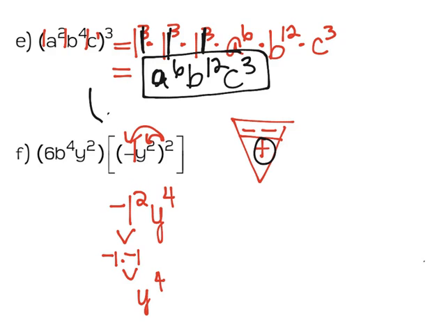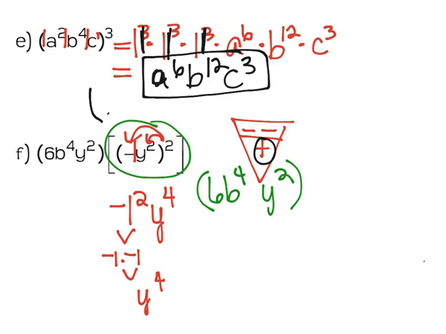So all of this inside of the parentheses gave us y to the 4th power. So now we have a different problem. We have 6b to the 4th y squared times y to the 4th.